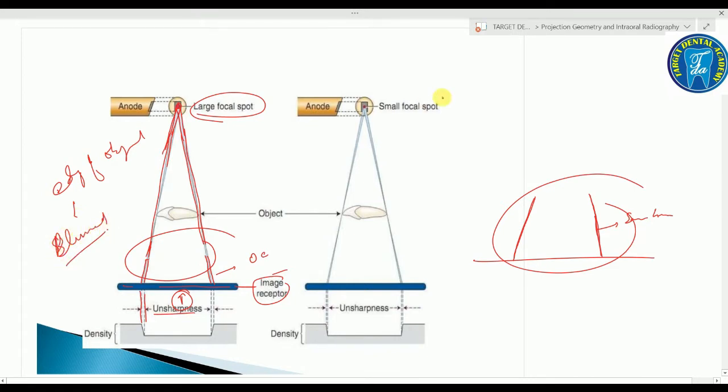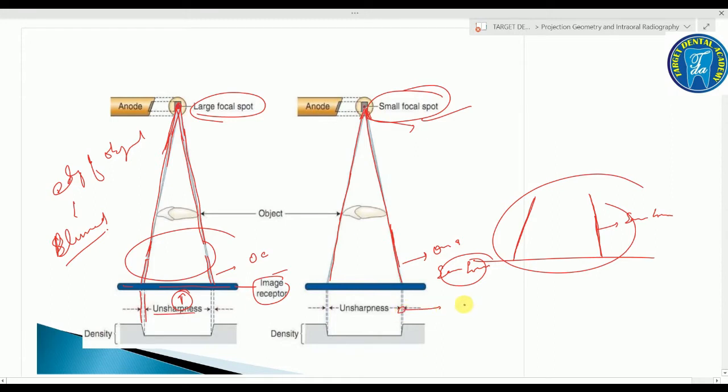Right? When the area of the focal spot is small, the X-rays also originate from different points and travel in a straight line, but in this case they occur almost at the same location. Can you see this?